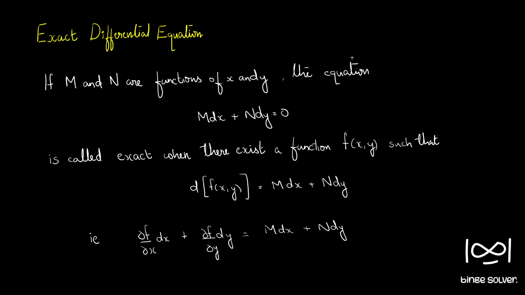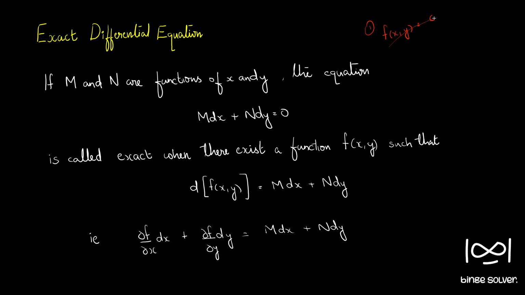So say it is an exact differential equation. That is, we have f of x, y such that d of f of x, y is nothing but M dx plus N dy, right? If this is true, then we can write the solution as f of x, y equal to c. So this automatically becomes the solution to such differential equations. Why?